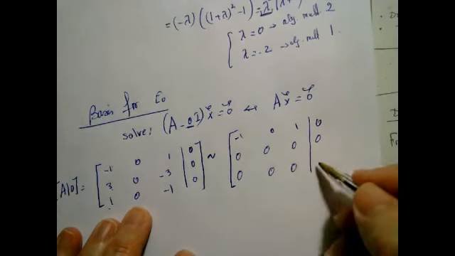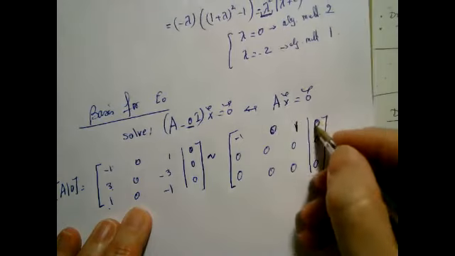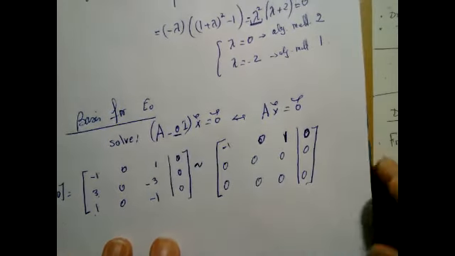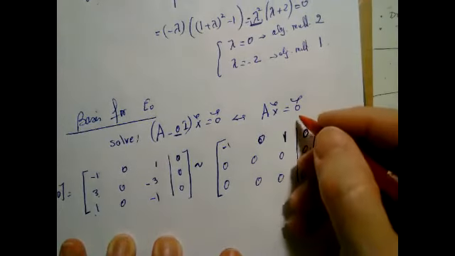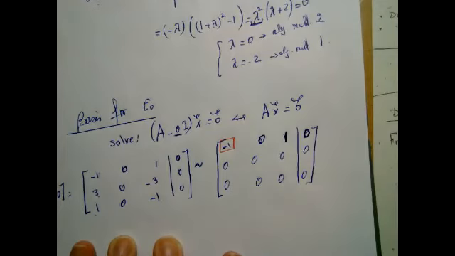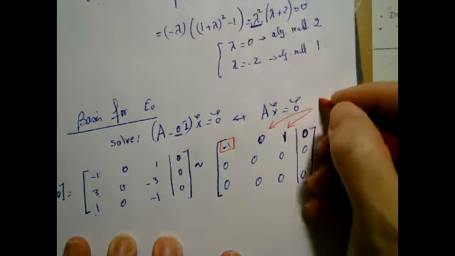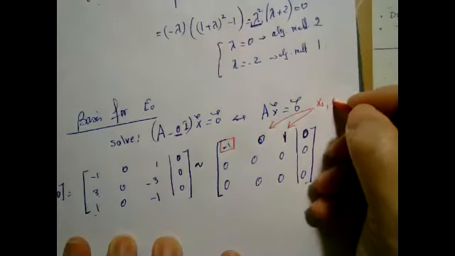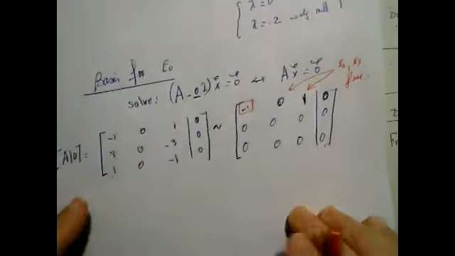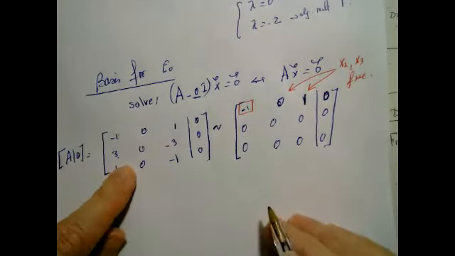That's a 0, and that's a 0. That's what I get. And now let us analyze what we have. I have one leading variable. It means I have two free variables, x2 and x3. So if you think a bit about it, those three equations are the same in a way. So I'm really having one equation.